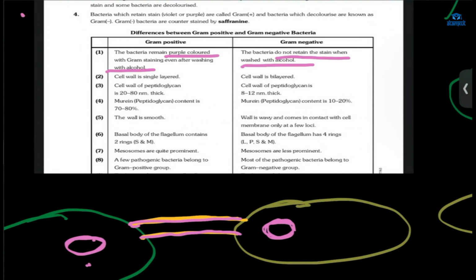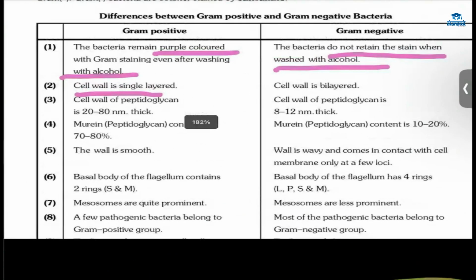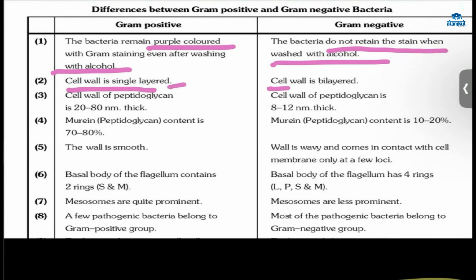Here in the gram positive, the cell wall is a single layer, and in gram negative the cell wall is bilayer. Here the peptidoglycan is 20 to 80 nanometer, so it is thick, and here 8 to 12 nanometer.